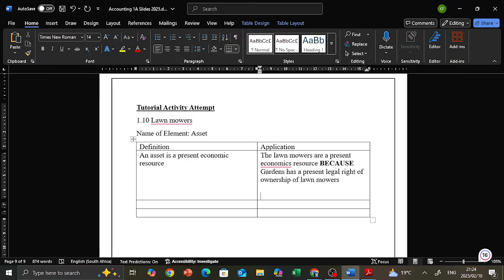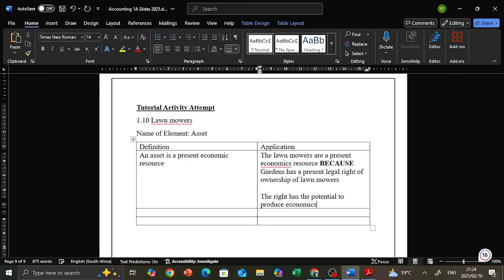So how you would apply it is: the right has the potential to produce economic benefits.